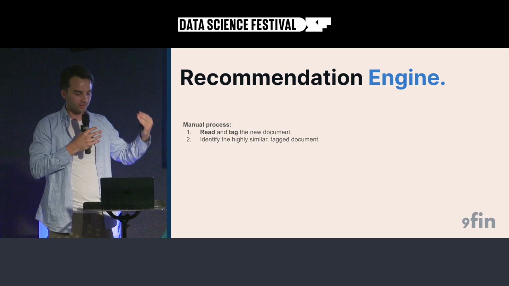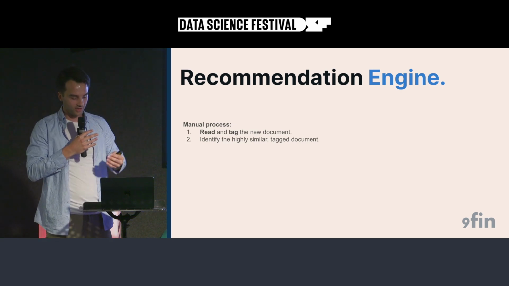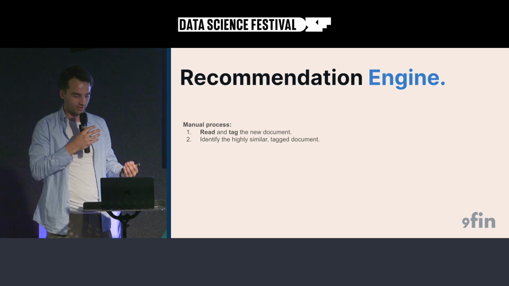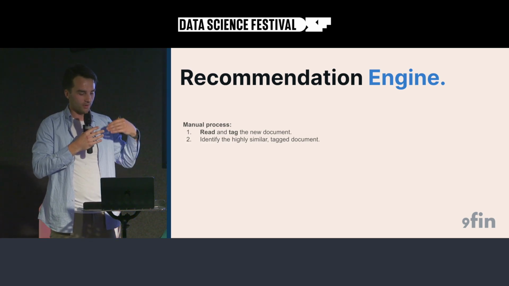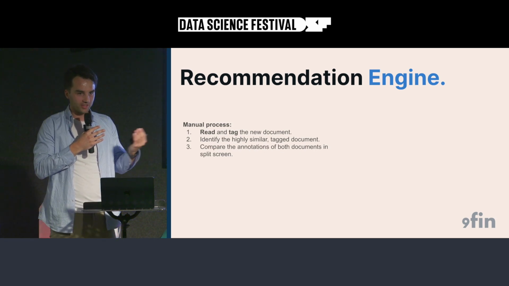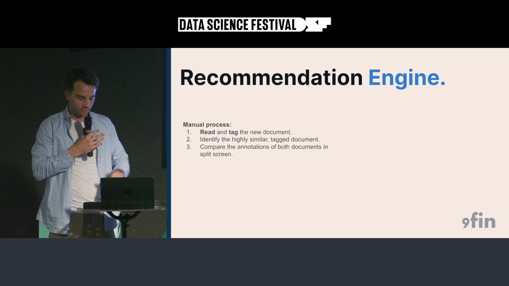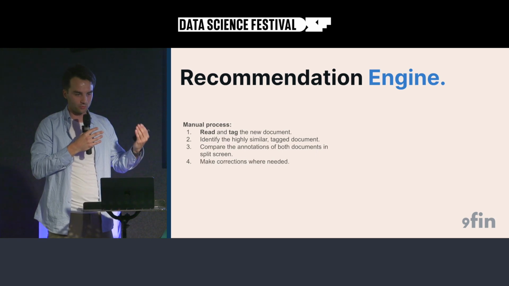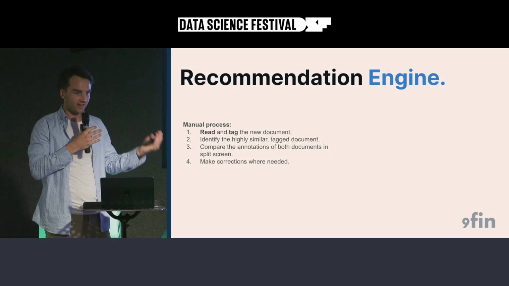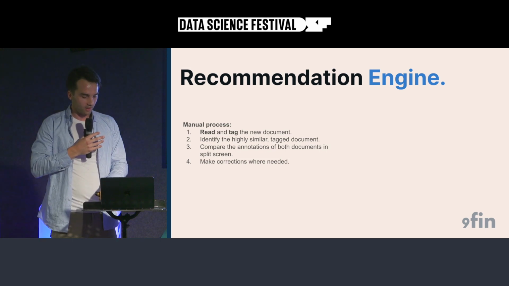And like I said, it's very important that these tags are consistent across the highly similar documents that we have in our database. So they would identify a highly similar document and then compare the annotations in both of these highly similar documents and then make corrections where needed. So a very labor-intensive process that involves a lot of reading, tagging, and correcting.